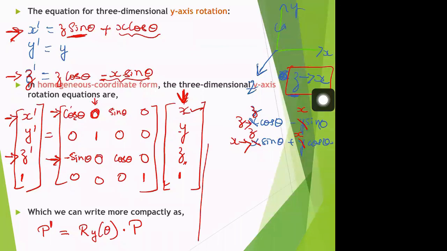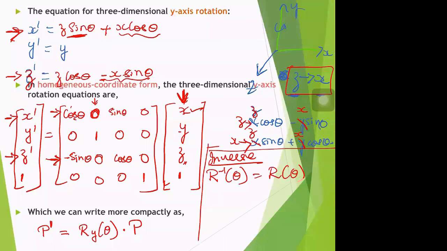So let me write the inverse here itself, because inverse is similar to your 2D. R inverse of theta is nothing but R of minus theta, because my rotation matrix only deals with cos theta and sin theta. Cos of minus theta will be cos theta.